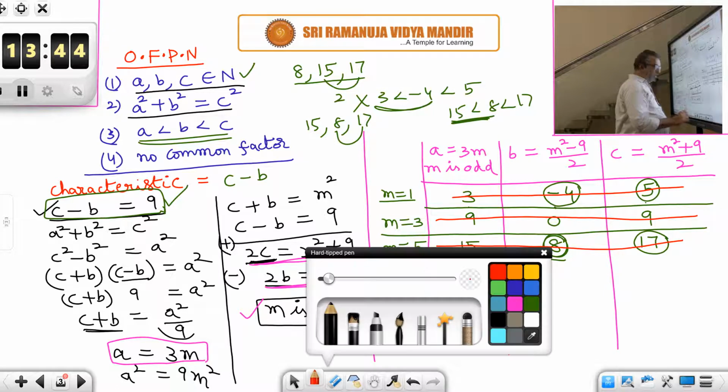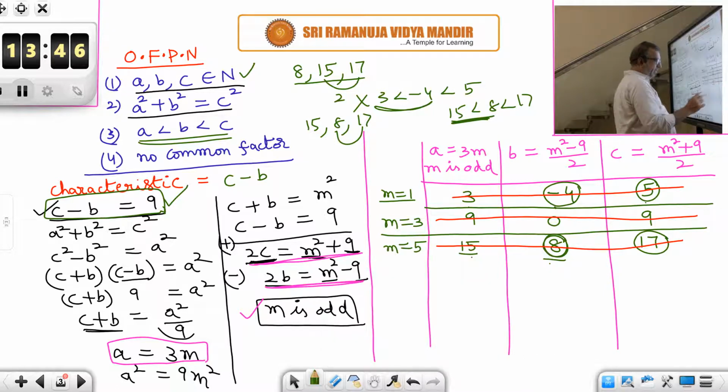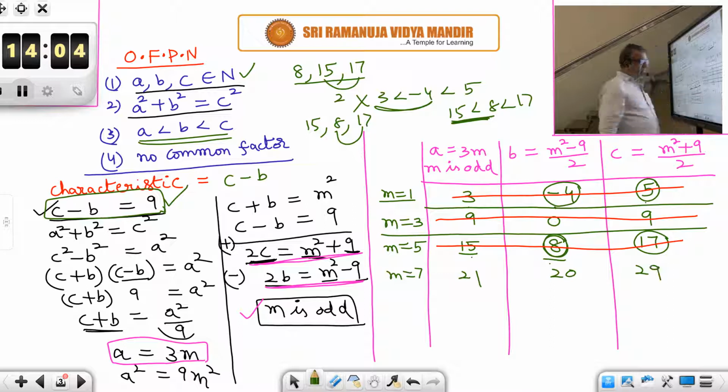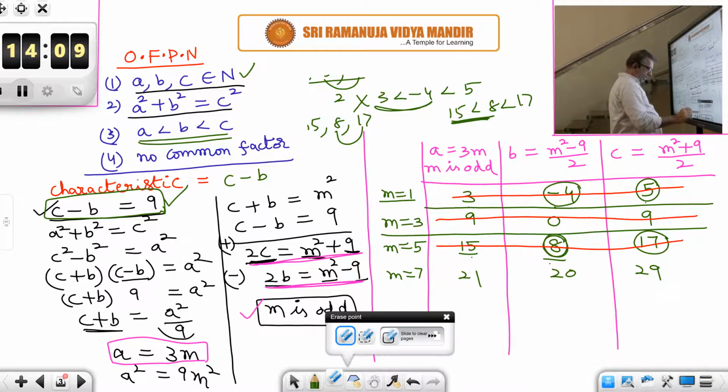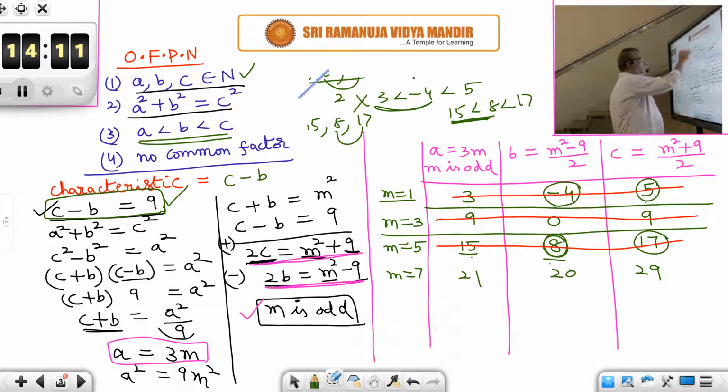So next one is m equal to 7. M equal to 7. 21. 7 square 49 minus 9. 49 minus 9, 40 by 2, 20. Next one 29. Actually, these are also not acceptable. Why? What is the reason?